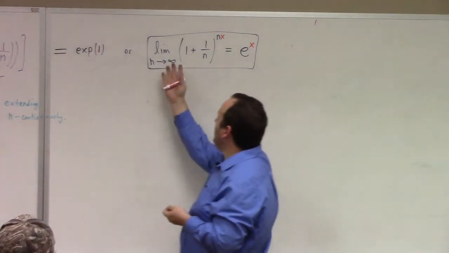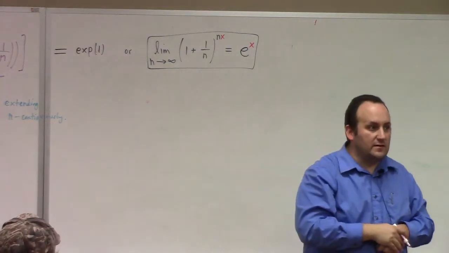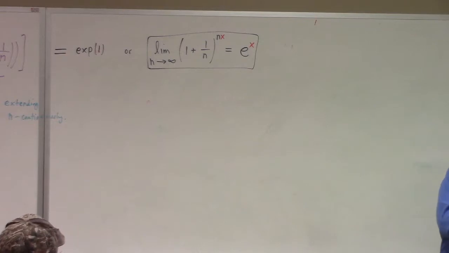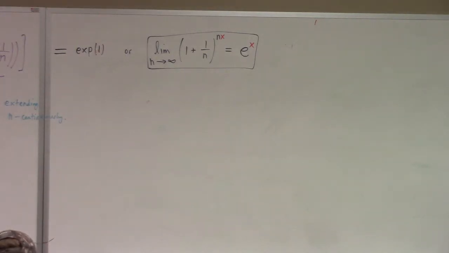So here we have a limit of type 1 to the infinity, and you can obtain anything that you can obtain as e to the x. In other words, any positive number you can hit with a limit of the form 1 to the infinity by this simple calculation. It's pretty cool, I think.